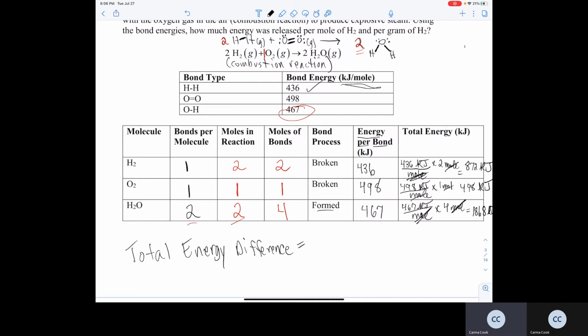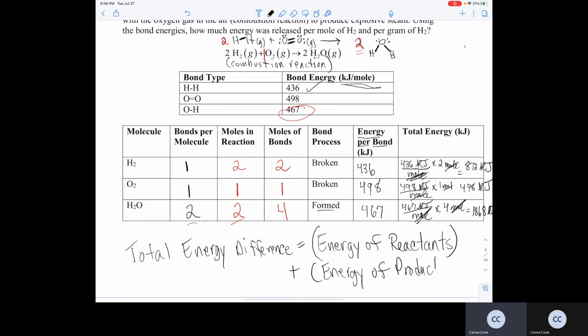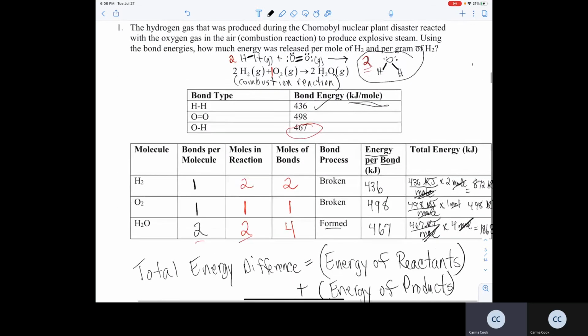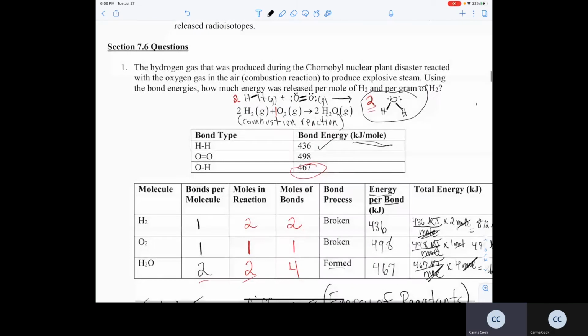It's going to be equal to the energy of the reactants plus the energy of the product. In this reaction, we only have one product, and that's water. But we have two reactants, the hydrogen and the oxygen.